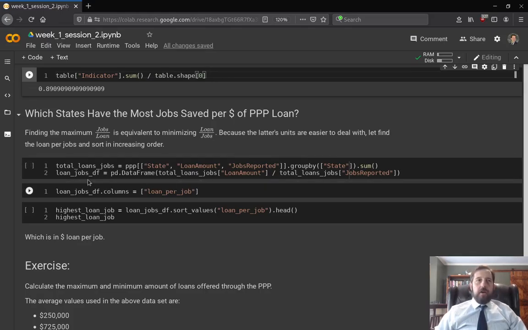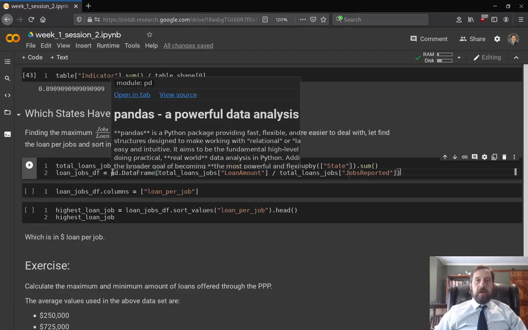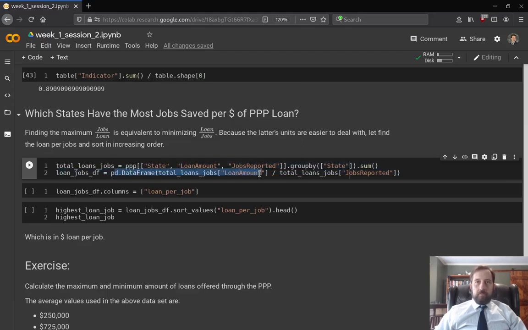Get our total loans. So this is just getting our total loans per state. And then this is going to give us the loan per jobs data frame. So this is going to be the total loan per state divided by the total jobs saved per state, right?